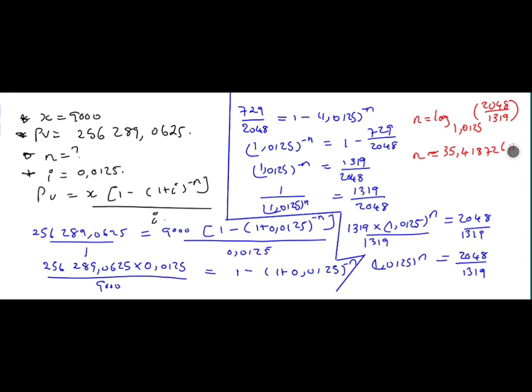35.41872611. But to account for the decimal, because this is actually months, we want the solution to be in months, we'll just round this off to an extra 1. So this will be 36 basically. So we now want to know how many years are in 36, and that's going to be 2 years and 11 months.